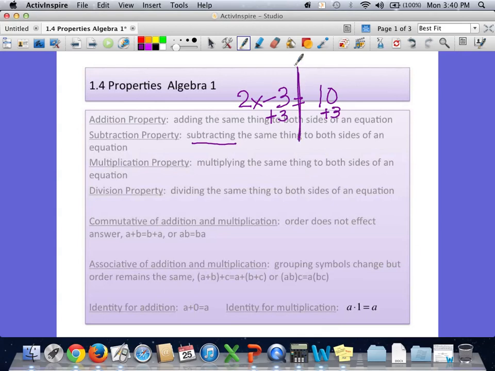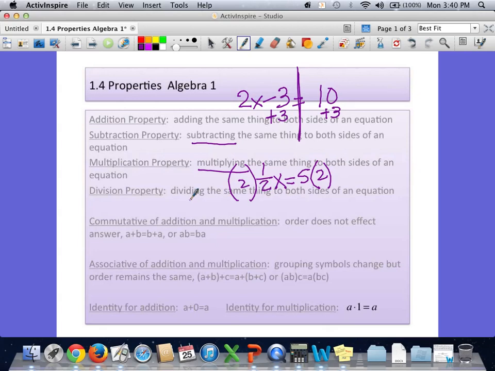Multiplication property means you're going to be multiplying the same thing to both sides of the equation. For example, if you had 1/2 x equals 5, and you wanted to get rid of the 1/2 by multiplying by 2, you multiply both sides by 2, that's the multiplication property. Same situation with the division property, you're going to divide both sides by the same thing.